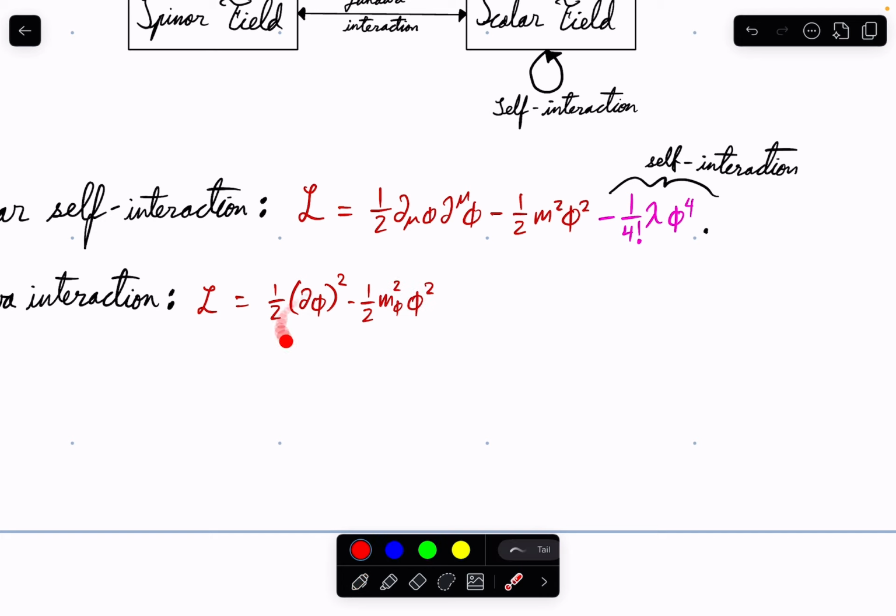We can see that this right here is just the scalar Lagrangian.